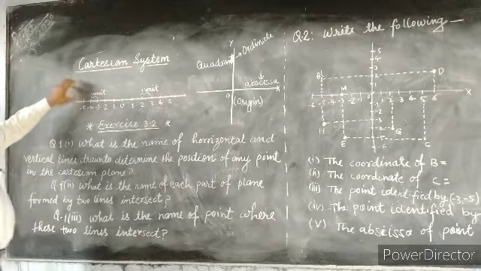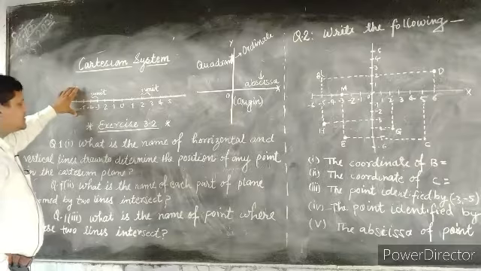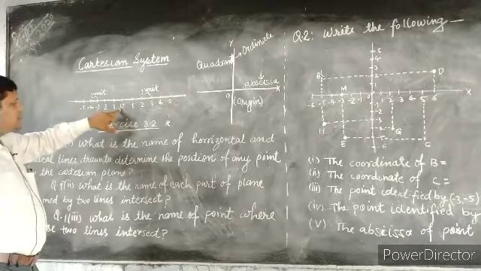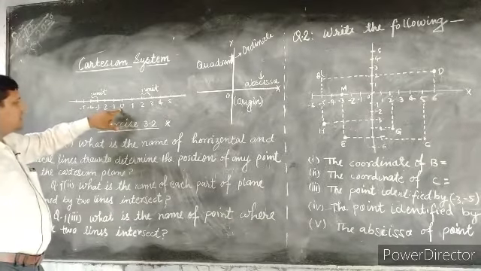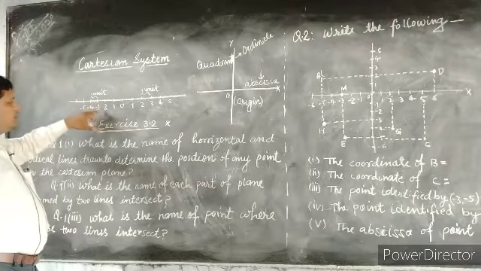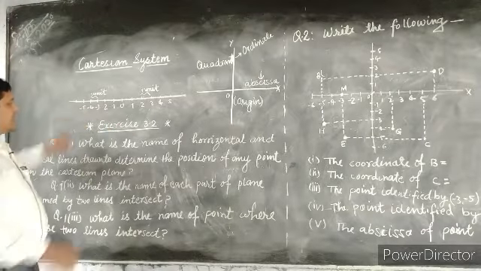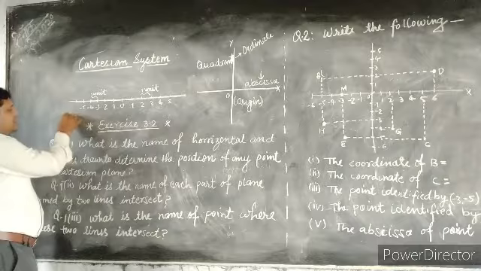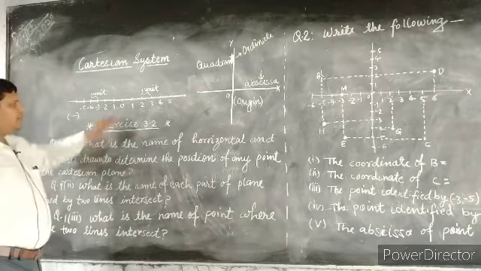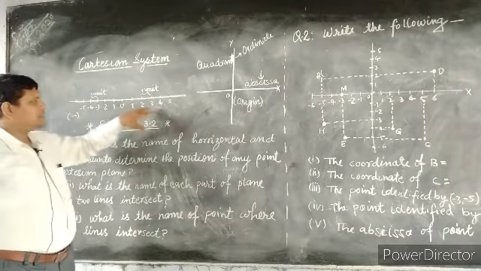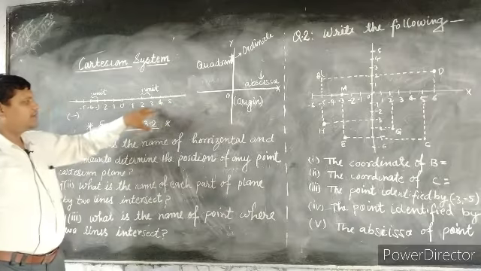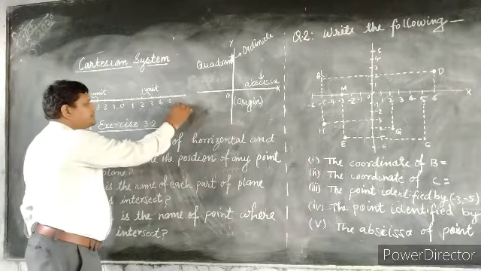As you have read in the number system, this point was the origin, and when we move towards the left side, all the values get negative, and when we move towards the right side, all the values get positive.